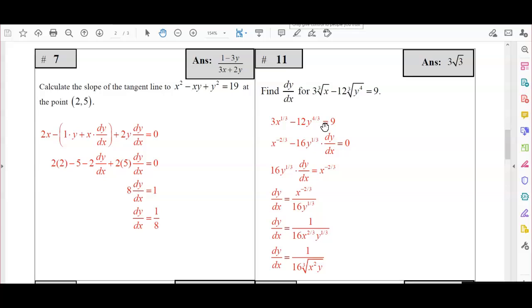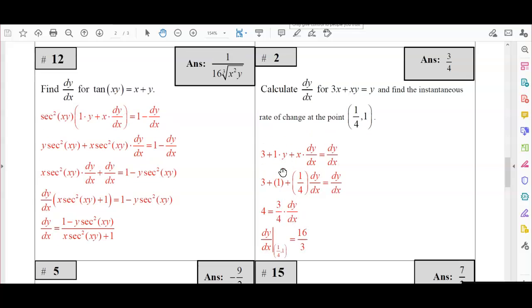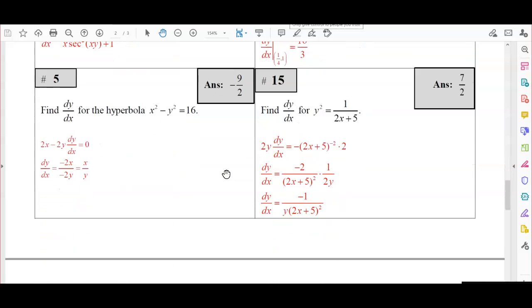We can go back. Okay, 12 and 2. Five and 15.